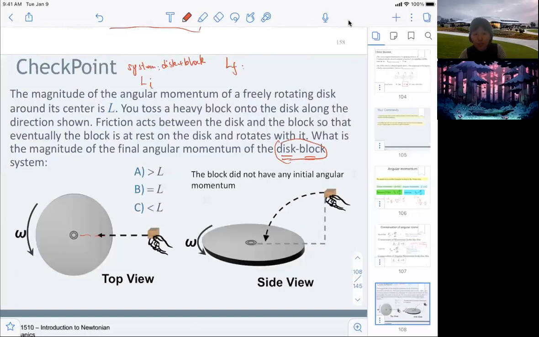Before you toss it, your disc is rolling, and the block is not yet part of it. Before they rotate together, the angular momentum is the L of the disc plus the L of the block.